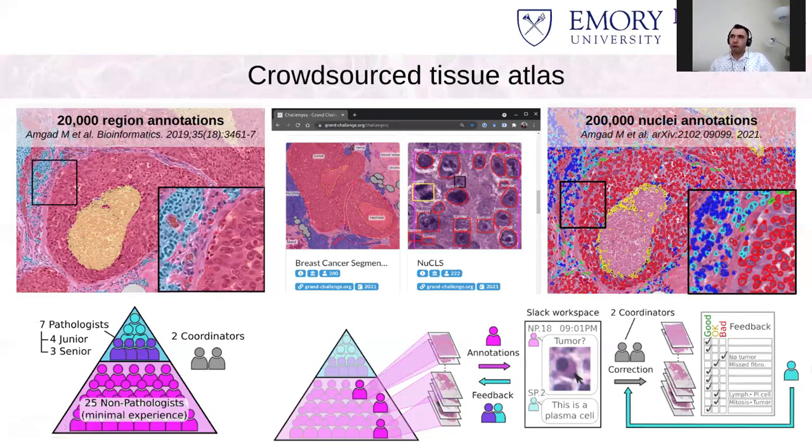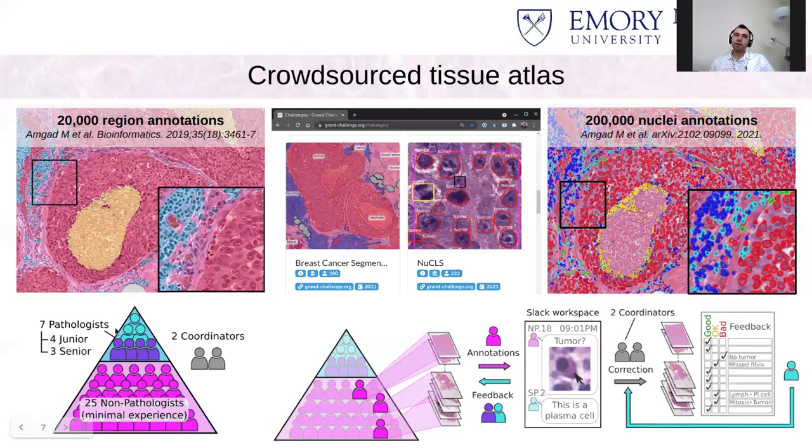So let me look at the bottom figure here. This is just an outline of how we produce the bulk of the data. Essentially, the type of crowdsourcing that we are using here is what we term hierarchical crowdsourcing. The idea here is that you have a big crowd of people with minimal experience. So in this study, we had 25 of them.